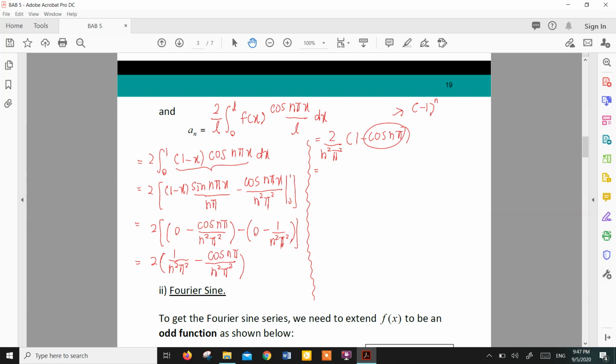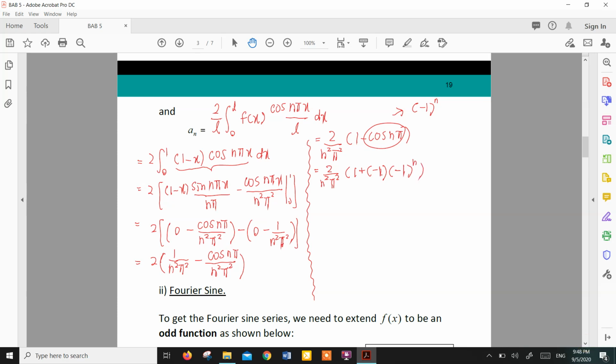So this equals 2 over n squared pi squared times (1 minus, okay, so minus cos is actually plus negative 1 to the power of n).